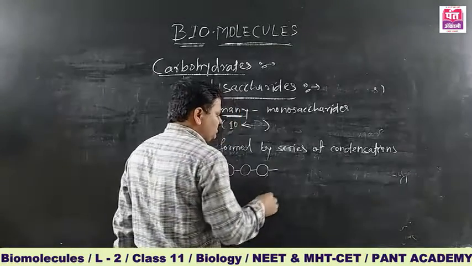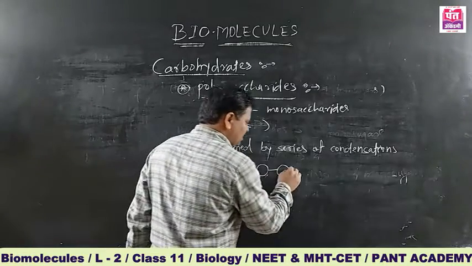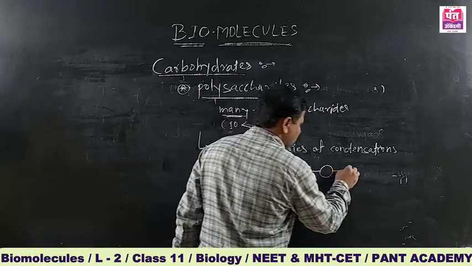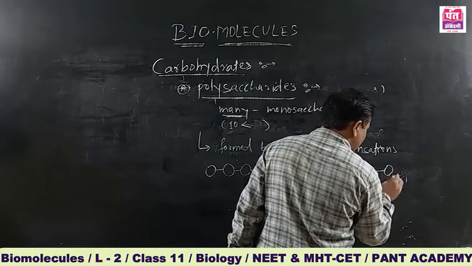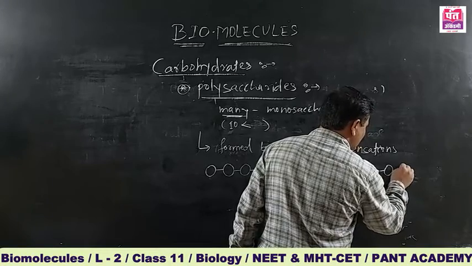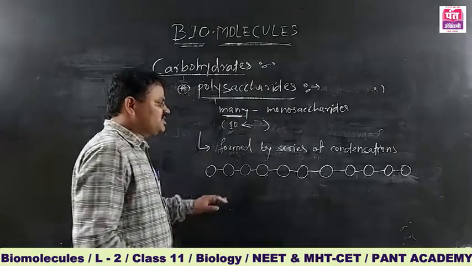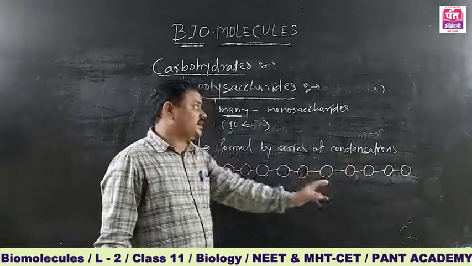Tetrasaccharide combines with another monosaccharide unit, penta. Likewise, hexasaccharide, heptasaccharide, octa, nona, deca, and polysaccharide. Likewise, these monosaccharides come together in large number.